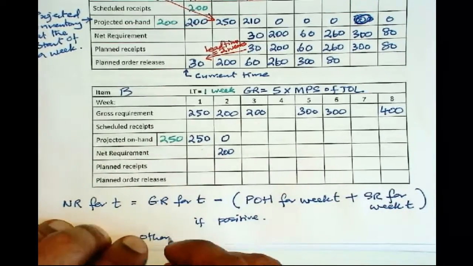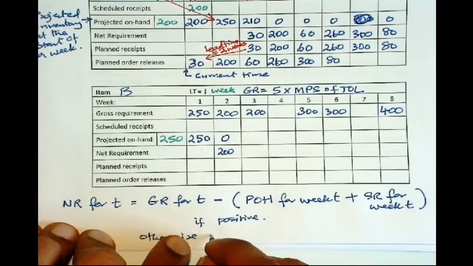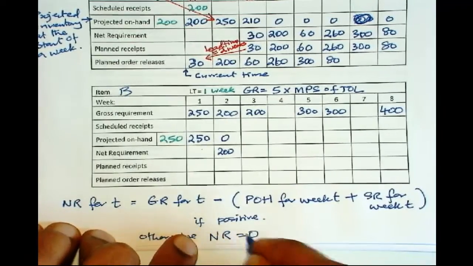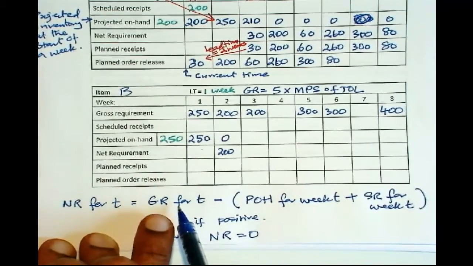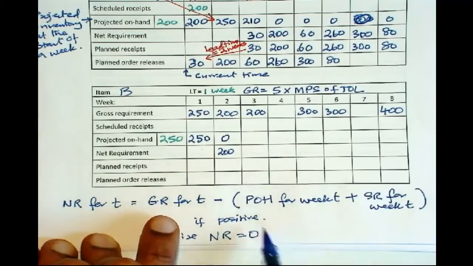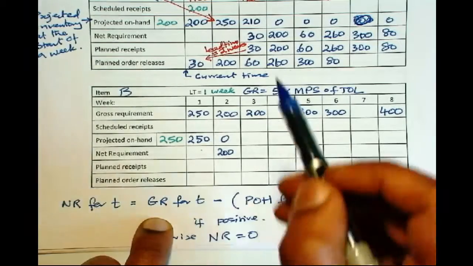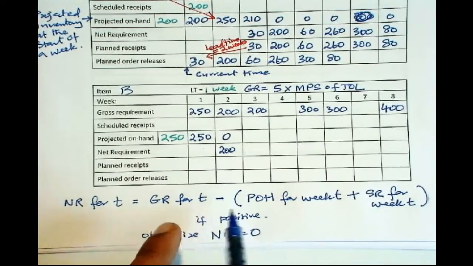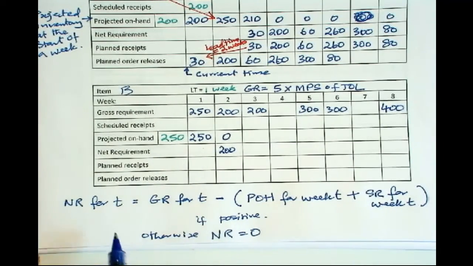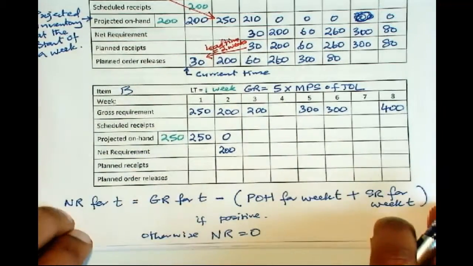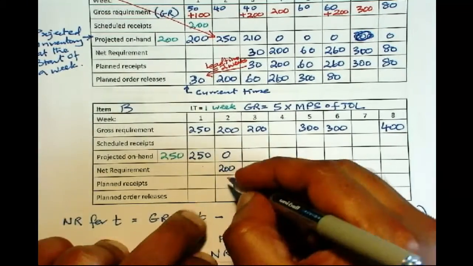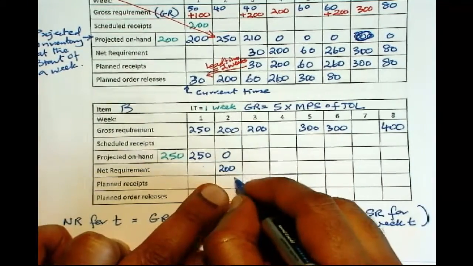Otherwise, net requirement is 0, because if the gross requirement is smaller than the available, then there is no net requirement. Only when the gross requirement exceeds what is available, when this difference is positive, will you have a net requirement. So we can use that formula here. Then net requirement is 200.